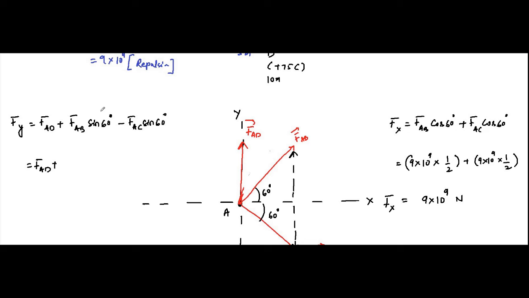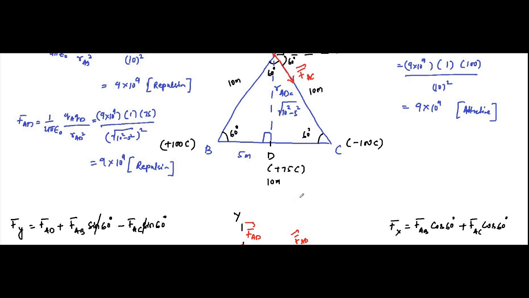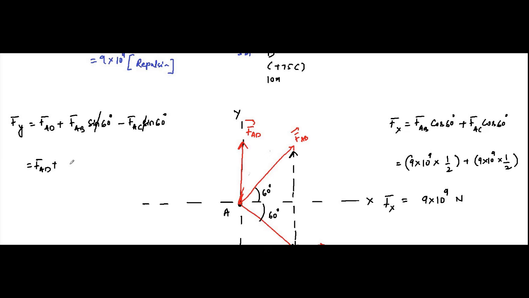So these two will get cancelled because FAB is equal to FAC is equal to FAD, that is equal to 9 into 10 to the power 9 Newton. So this will only be equal to FAD, which is equal to 9 into 10 to the power 9 Newton. So Fy is also equal to 9 into 10 to the power 9 Newton. Fx is also equal to 9 into 10 to the power 9 Newton.